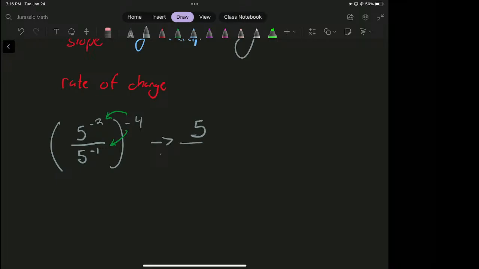So 5, negative 2 times negative 4 is a positive 8. And negative 1 times negative 4 is a positive 4. And this is just subtraction since it is a division problem. So that just leaves us with 5 to the 4th. And then you'd be done on it.